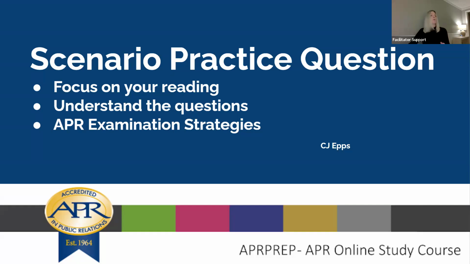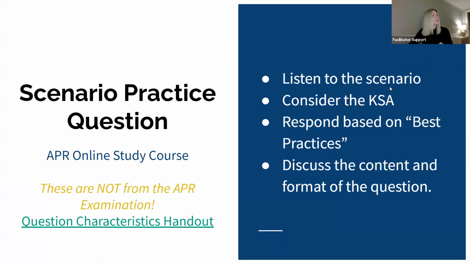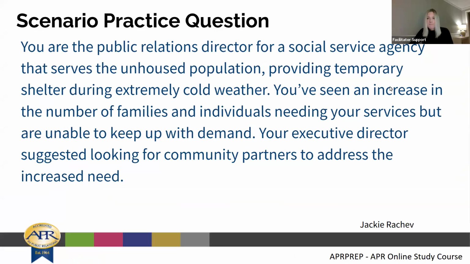Always listen to those keywords and ask yourself, what is this question asking me? And then think about what's the best answer, because sometimes all of the answers can seem like the best answer, but they can't be. So when we read the question, go ahead, put your answers in chat, and here we go. Let's start. So let me know when you're ready.